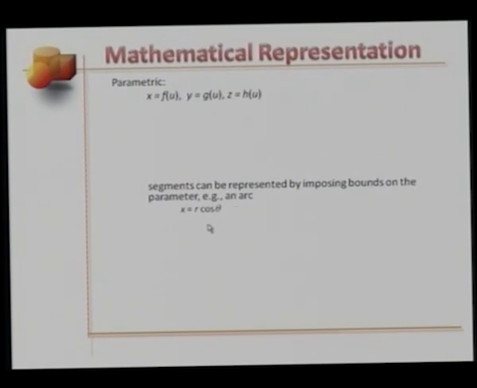Parametrically, circle is represented as x equals r cosine of theta, y equals r sine of theta, and if we impose bounds on the angle theta, theta 1 being the lower bound, theta 2 being the upper bound, we would be able to represent a segment of a circle or an arc. This is not very much possible using either the explicit or implicit forms.